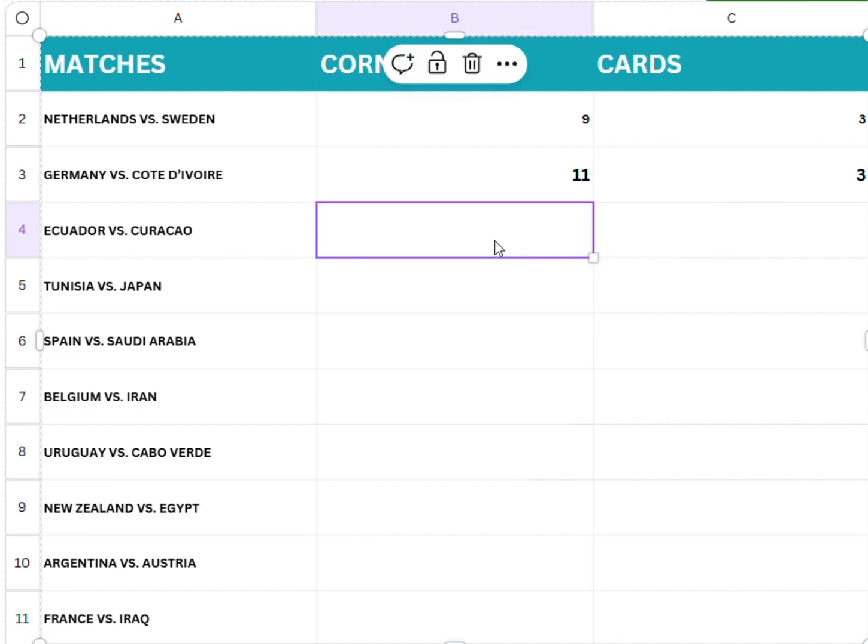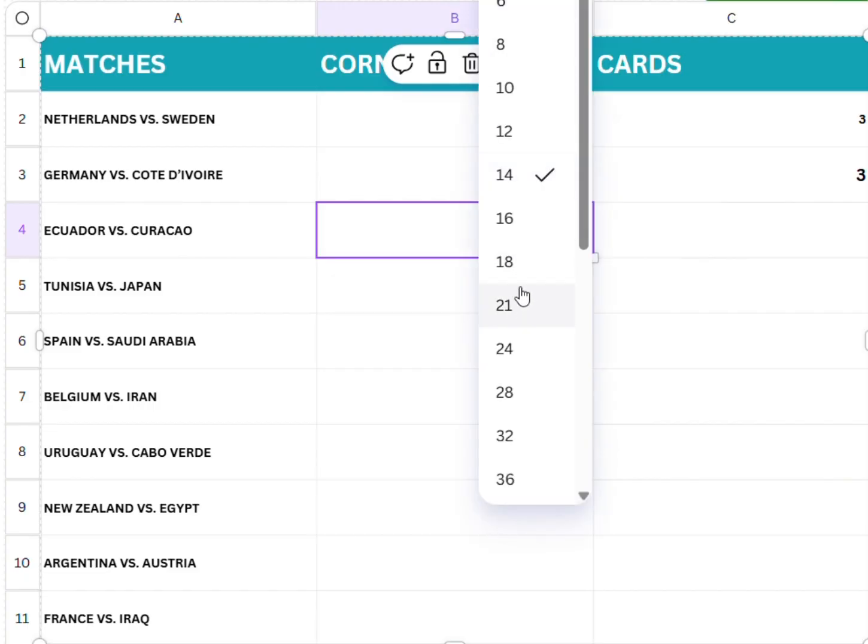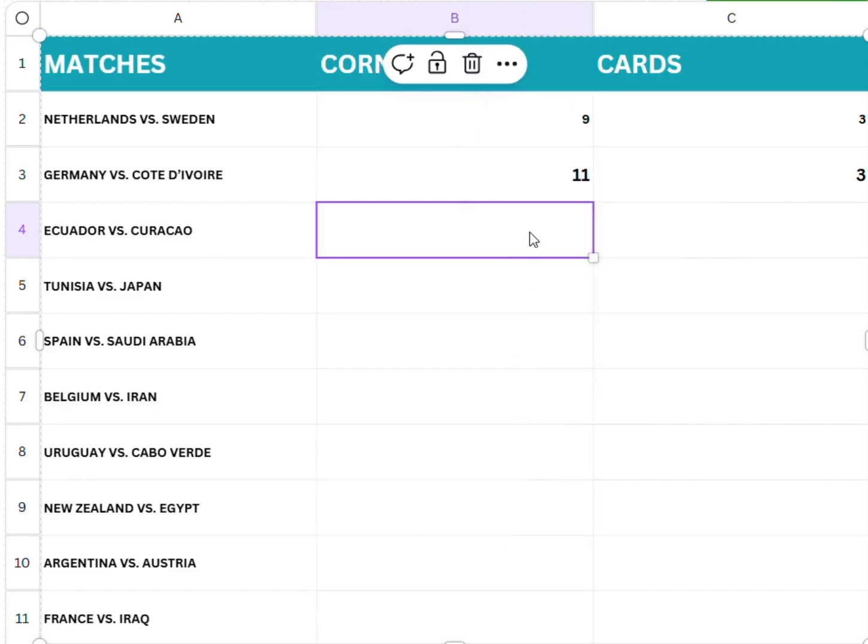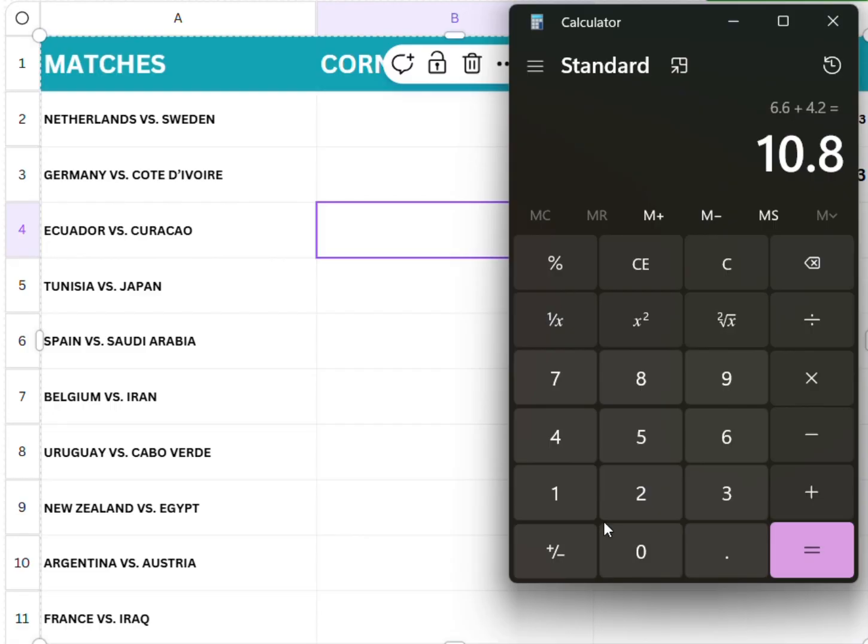So Ecuador versus Curacao. The average corners played by Ecuador is 5.2 corners in a match, plus Curacao average corner so far is just 1.